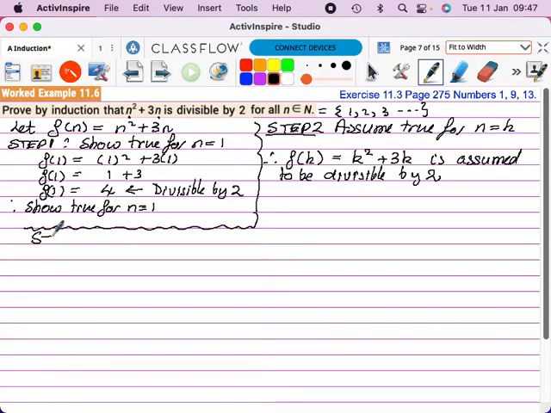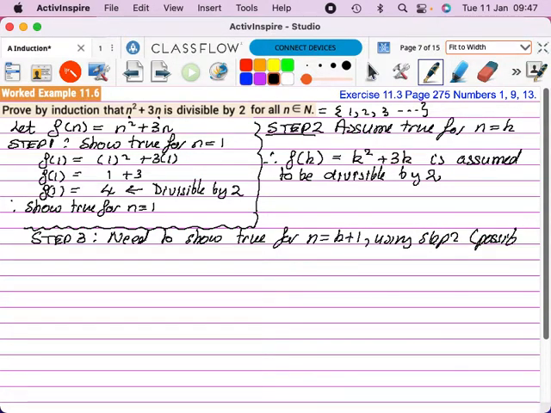So we're now on to step 3. And step 3, need to show true for n equals k plus 1 using step 2, possibly step 1.